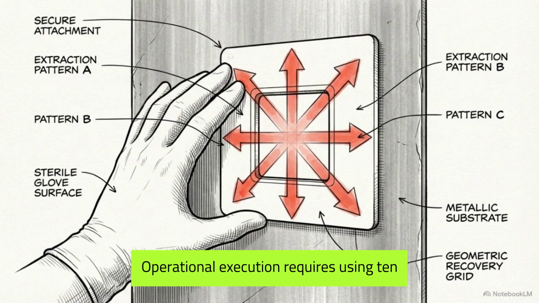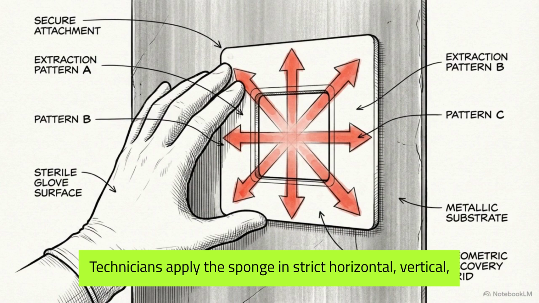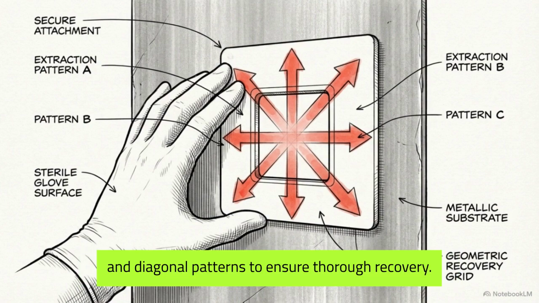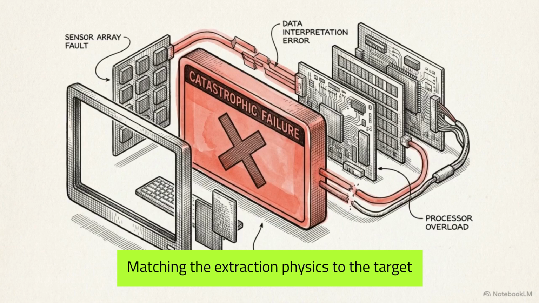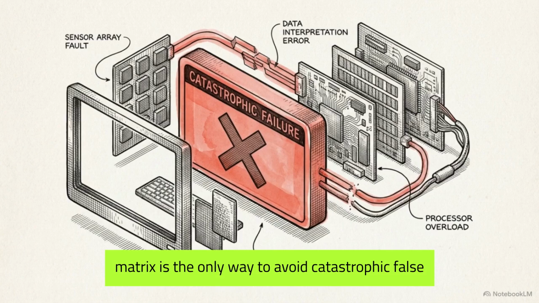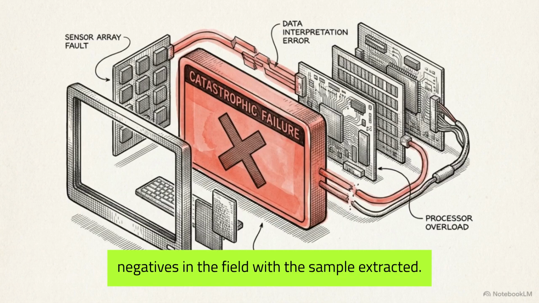Operational execution requires using 10 by 10 centimeter physical templates. Technicians apply the sponge in strict horizontal, vertical, and diagonal patterns to ensure thorough recovery. Matching the extraction physics to the target matrix is the only way to avoid catastrophic false negatives in the field.